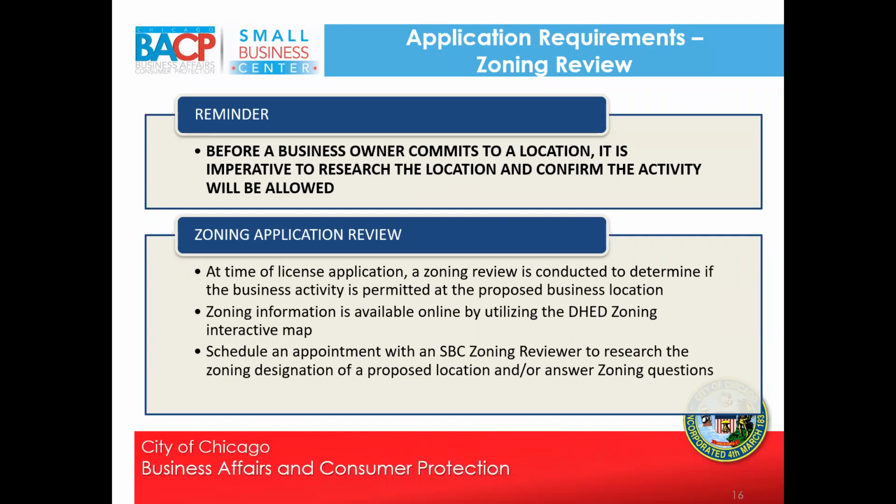For all you know, they could have been grandfathered in before there was an ordinance change at that particular location. You might not know the full details. So that's why I always encourage individuals to please come and see us first. Come down with a couple of addresses. We'll be more than happy to run that information for you to make sure that you're able to get a location that's going to be beneficial for your business.